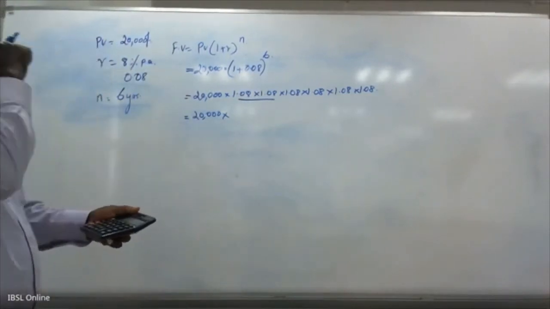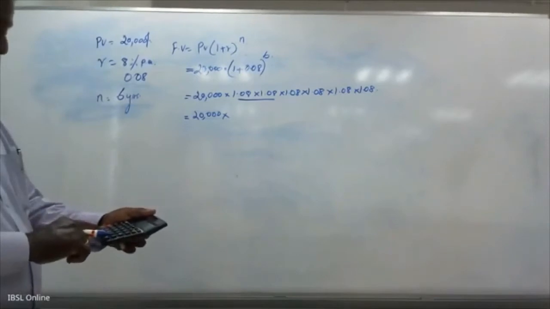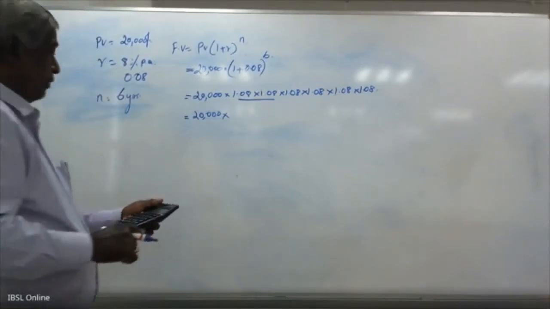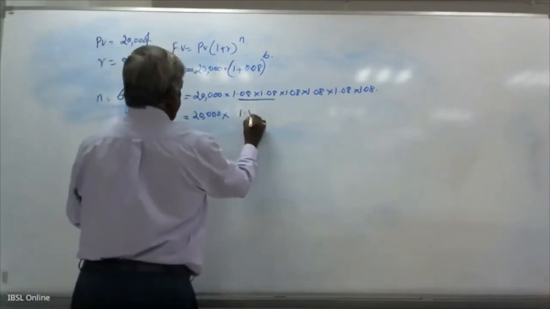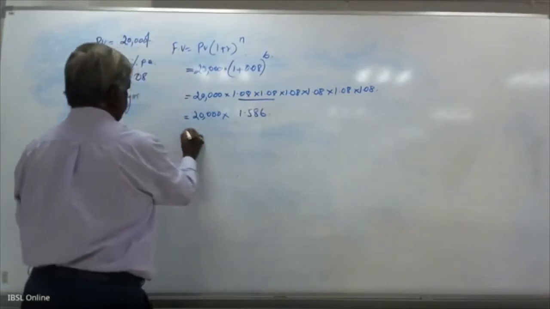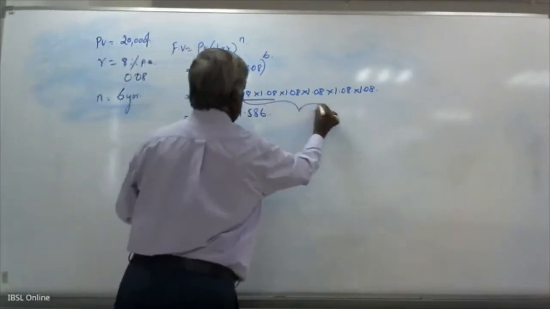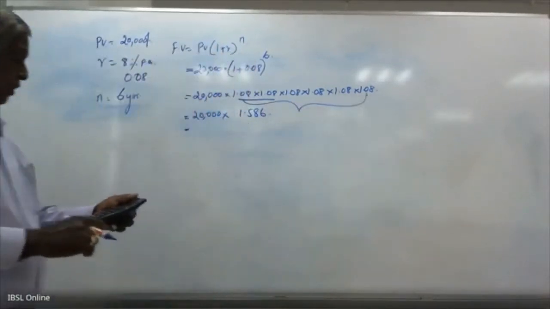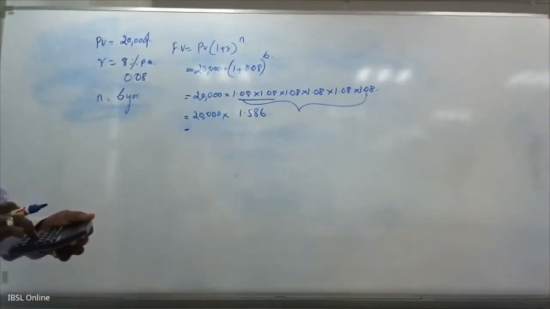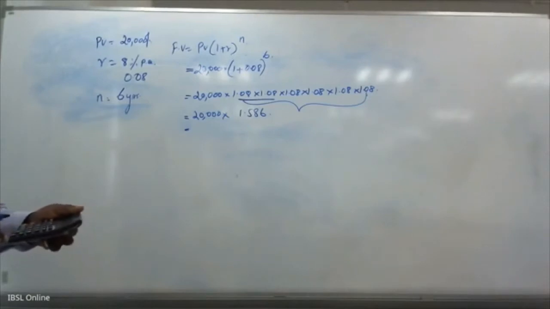Now the third input, then fourth, fifth, sixth. We get 1.586. So 1.586 into 20,000.